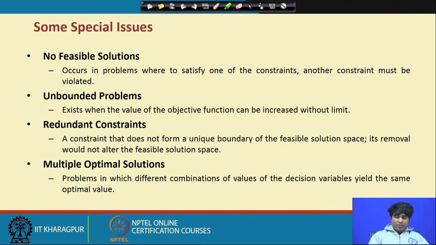That means technically the usual structure of an LP, we must have an objective function and then subject to certain constraints, maybe typically less than type or typically greater than type, or typically a mixture of both less than type and greater than type, and sometimes maybe equality type.